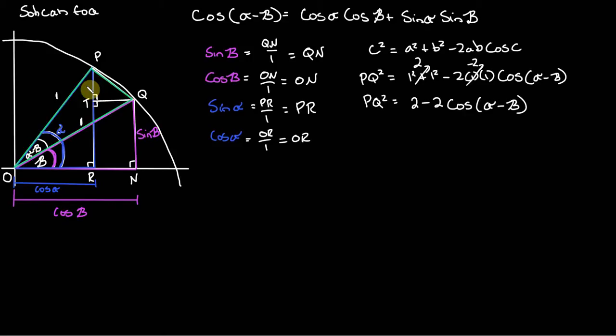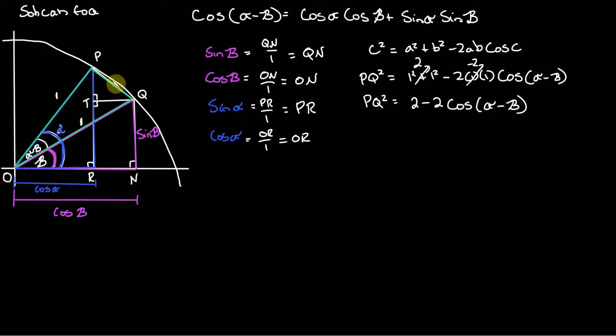It'd be quite easy because we know the length of PR. So this length here is PR minus PT, which would be sine A minus sine B. Likewise, we could find the length of TQ because TQ is going to be the same length as RN. And we know RN is just going to be cos beta minus cos alpha. So we could take that approach.